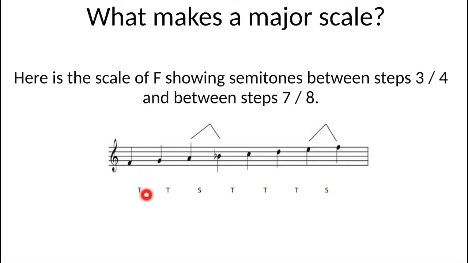So between F and G, that's a tone. Between G and A, that's a tone. But here, we must change this B to a B flat to allow that semitone. Again, at the end here, we can see that that's an E, that's an F, that's a semitone. So that arrangement must be kept intact between each of the notes.